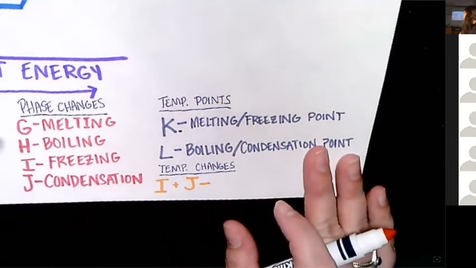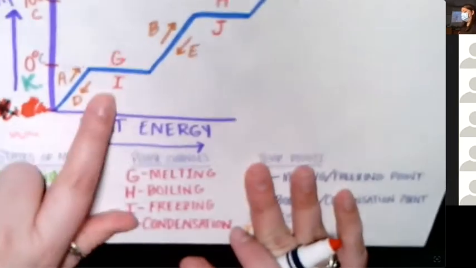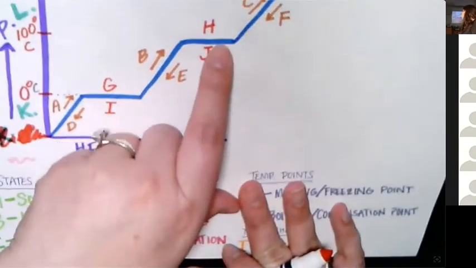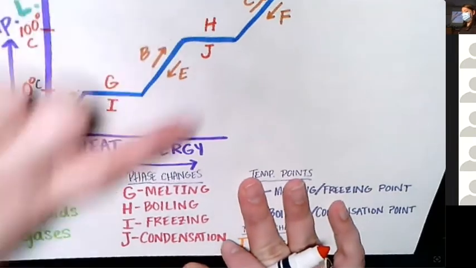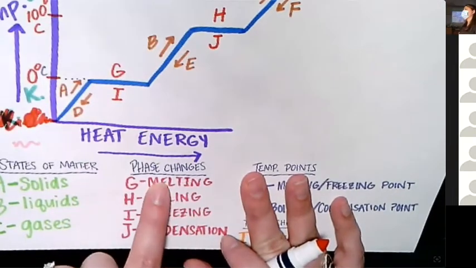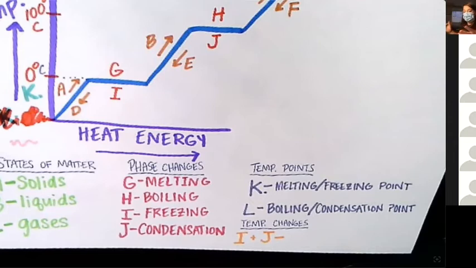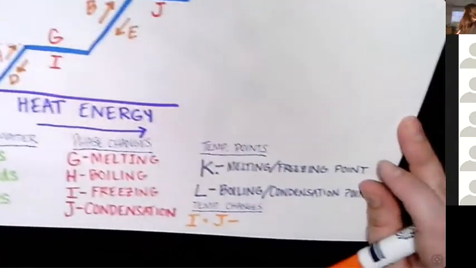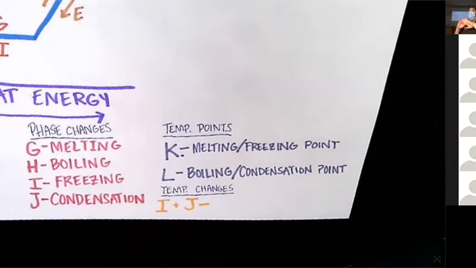Here's what's happening. I and J right here are kind of in the same place as G and H. Here's the thing, G and H tell us about what's happening with the phase change. What is it changing into? What process? I and J, the reason I put these on here is because this question gets asked all the time on tests, quizzes, worksheets, and so on.